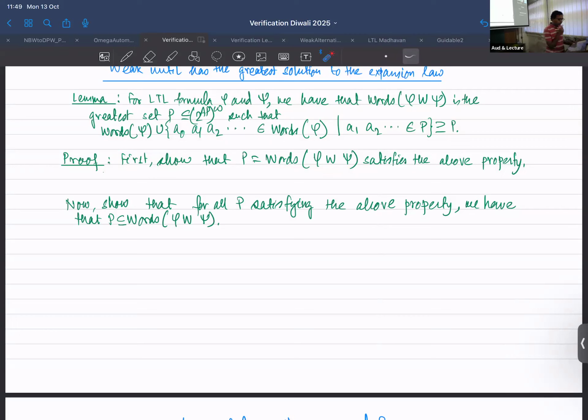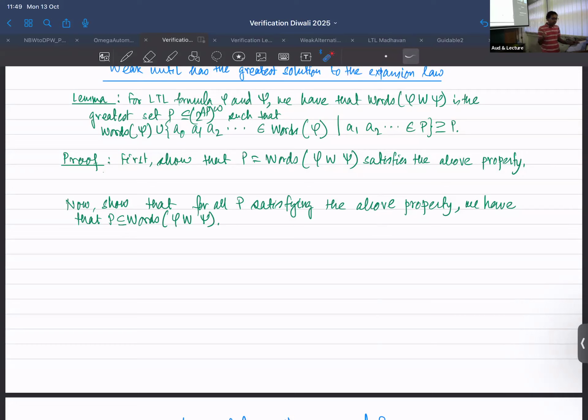Clear, right? So why is it so? Because if you have a word which satisfies the formula psi, then of course it is already in the set of words which satisfies phi weak until psi. If it starts immediately satisfying psi, it already satisfies phi weak until psi.